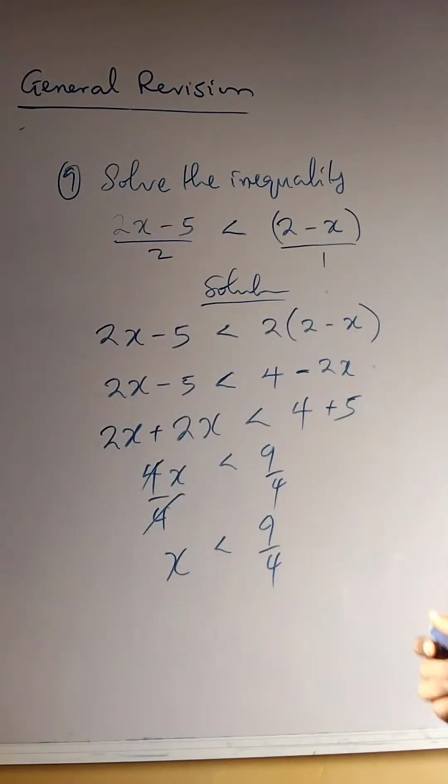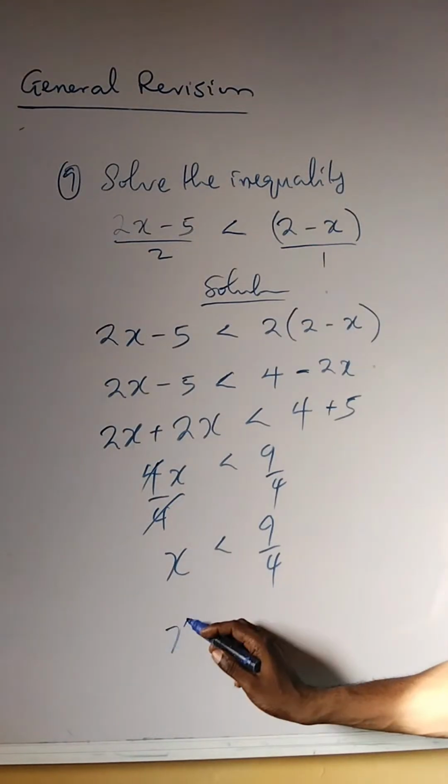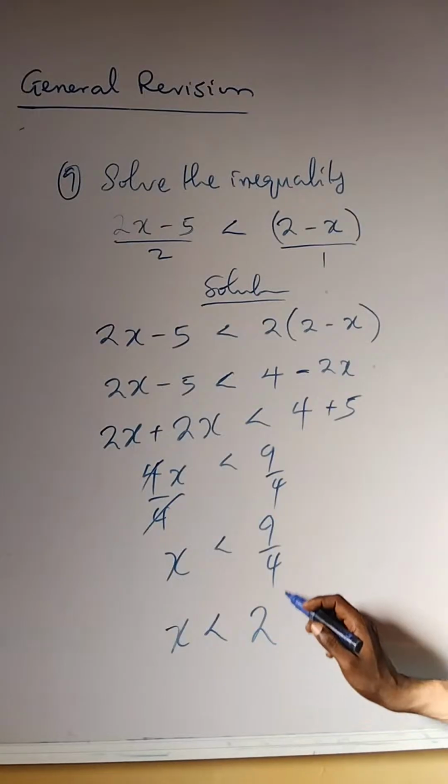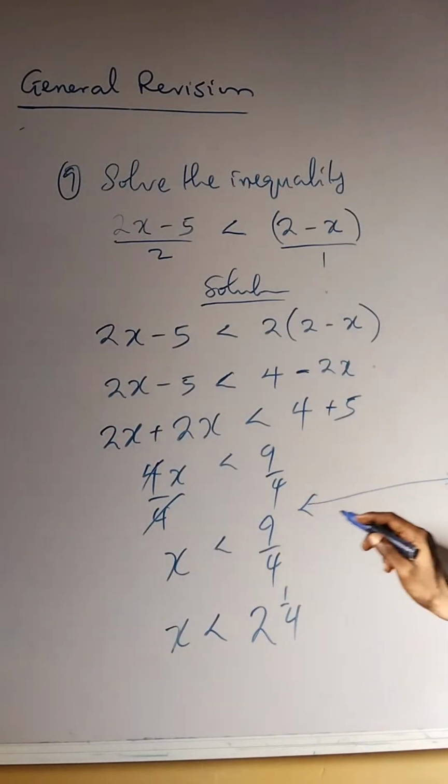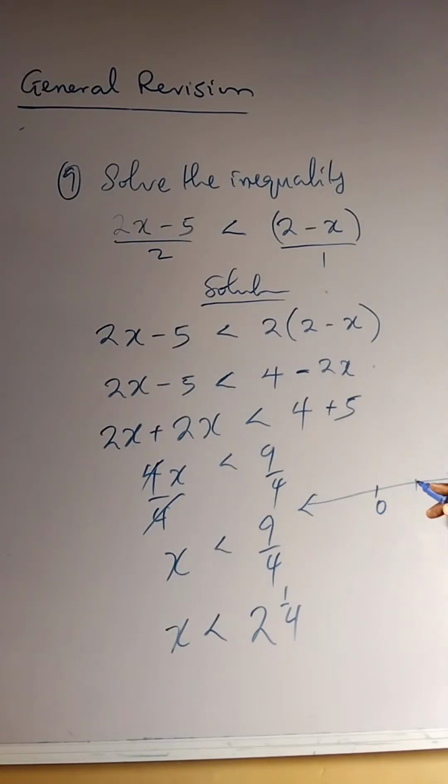If you like, we can say x less than 2 and 1 over 4. On the number line, this is the middle, this is the positive side. We can say this is 2 whole number and 1 over 4.